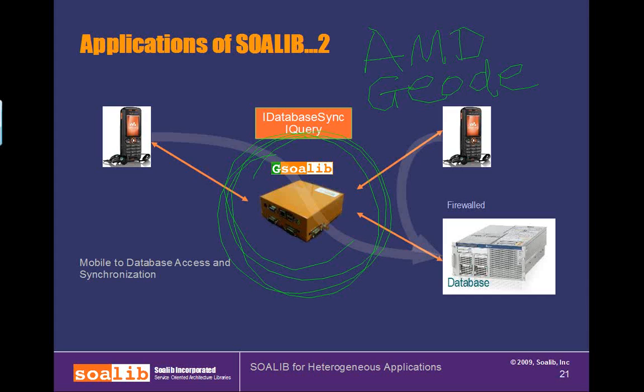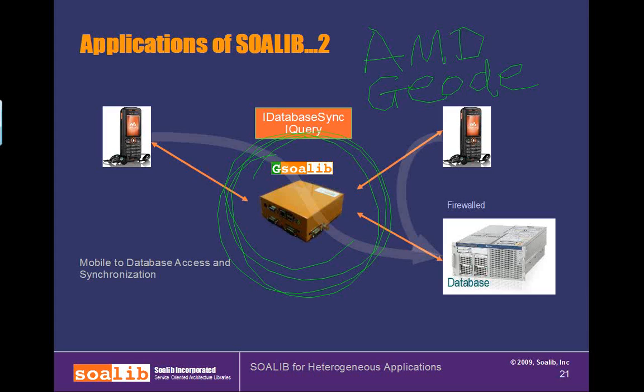There are a couple more questions. If a client wants to use its own hardware as a server, is it okay? Yes, definitely. If you want to use SOALIB in your own server, in your own application, and you want to sell your solution, you have to sell it on your own server.